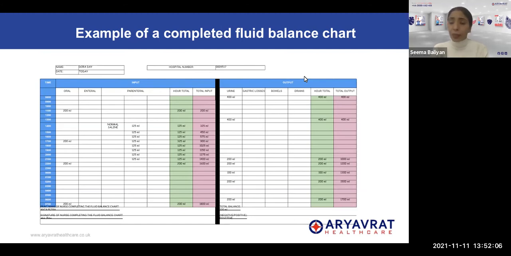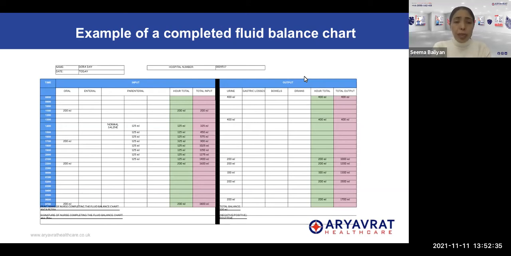It can start from various times, some from 7 o'clock, some from 8 o'clock, but the majority of the time they start from 8 o'clock in the morning till 7 o'clock the next day. It is an hourly chart, so it is going to be 8 o'clock, 9 o'clock, 10 o'clock, 11 o'clock, and so on and so forth till we reach 7 o'clock the next day.